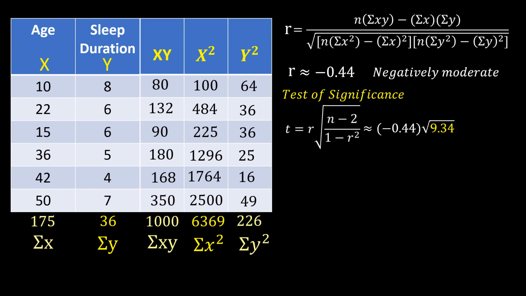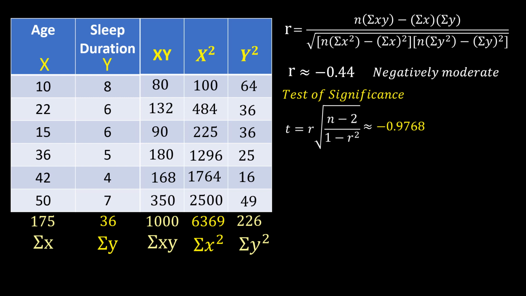Then take the square root of 9.34, approximately equal to 2.22. Then multiply negative 0.44 by 2.22, so that's t approximately equal to negative 0.9768. So it will now be 4 decimal places if it's the t, or the test of significance value.